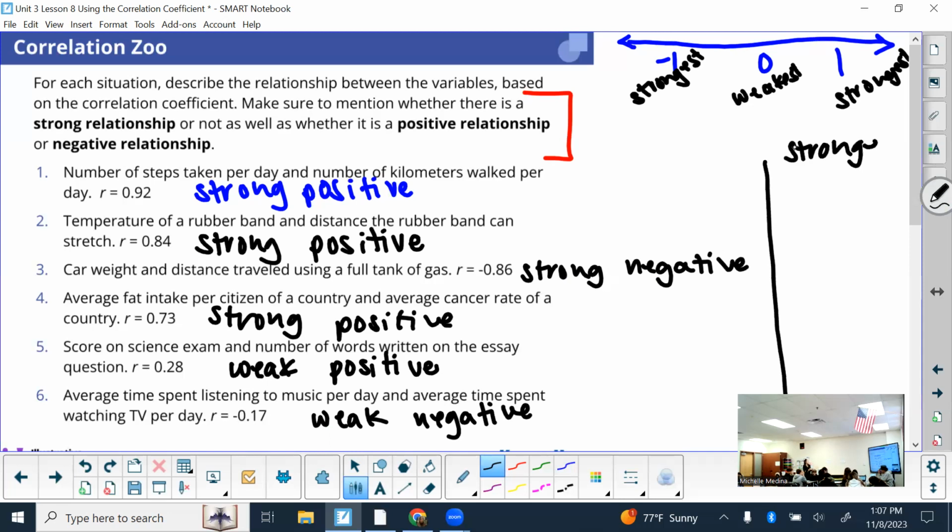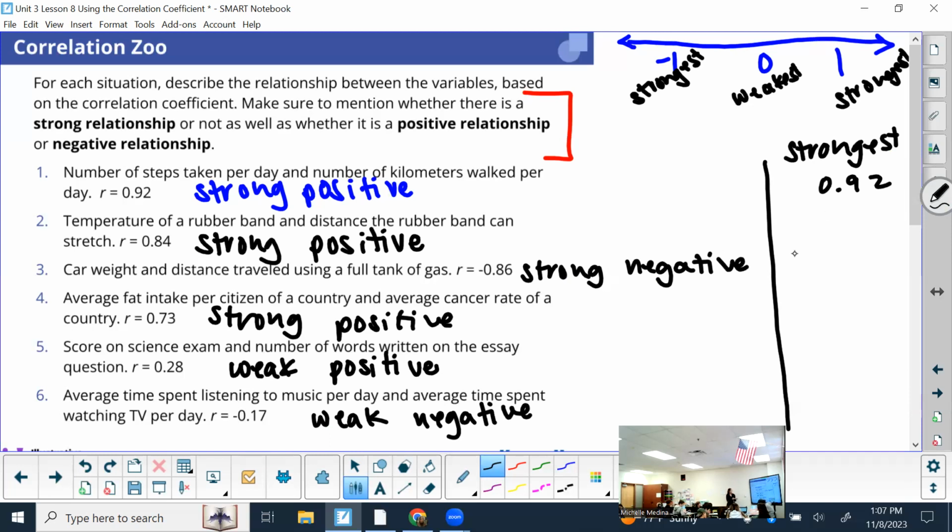Okay, so let's rank them from strongest to weakest. 0.92 is the strongest. What's the next strongest? -0.86. That one is the second strongest. What's the third strongest? 0.84, the third strongest.